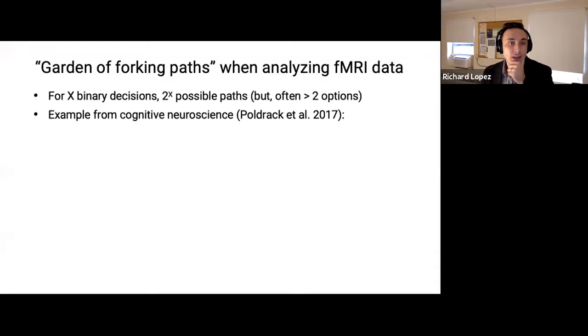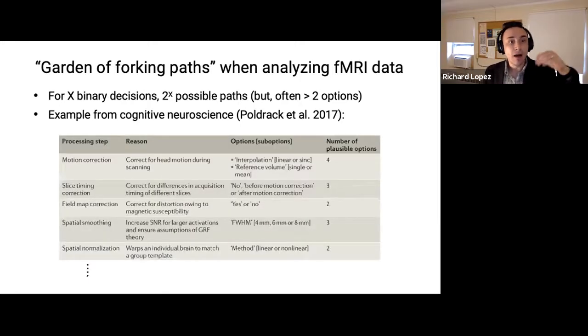And Russ Poldrack and others sketched this out in terms of different analytic pipelines when analyzing fMRI data, which are multidimensional. There are a lot of ways to clean the data and filter the data, et cetera. So they have this very extensive table in their paper, outlining every processing step and the number of plausible options within that step.